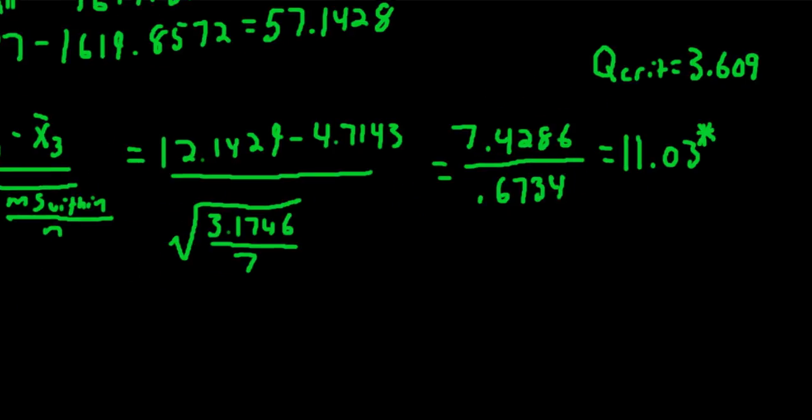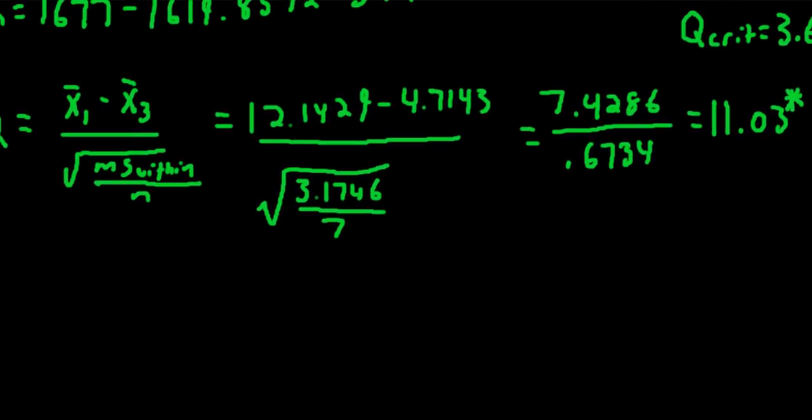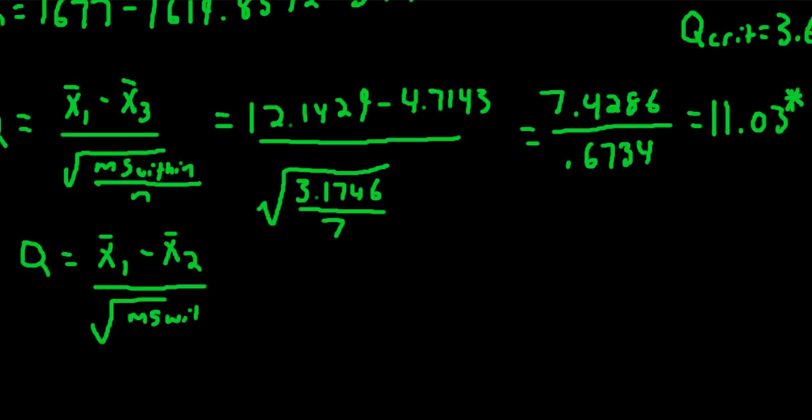So we'll now compare groups 1 and 2 using the same formula. Group 1 has a mean of 12.1429.